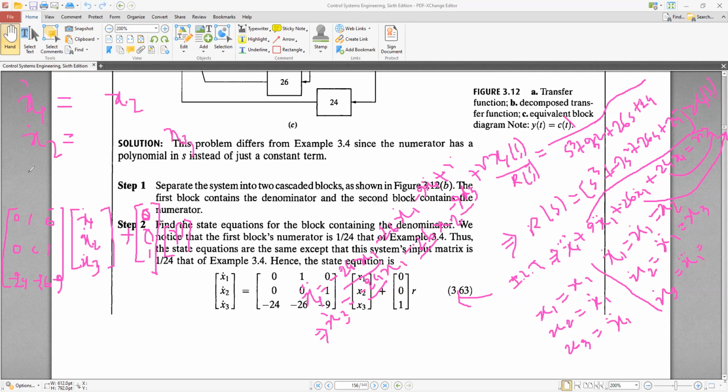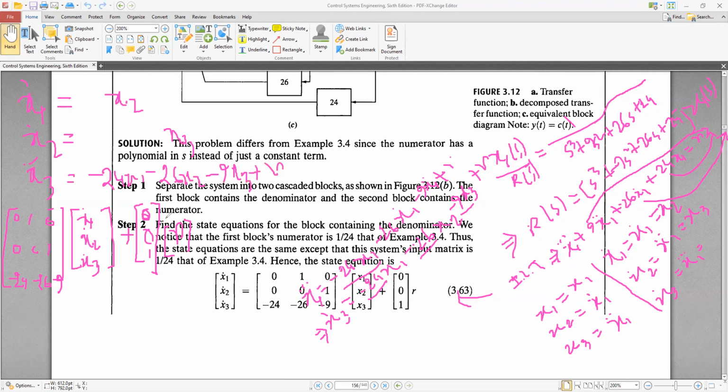Then x3 dot means this equation: minus 24 x1, minus 26 x2, minus 9 x3, plus r.